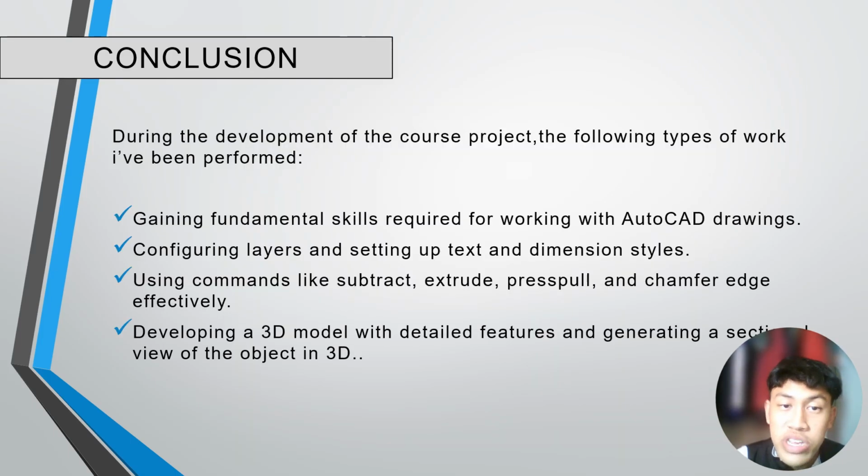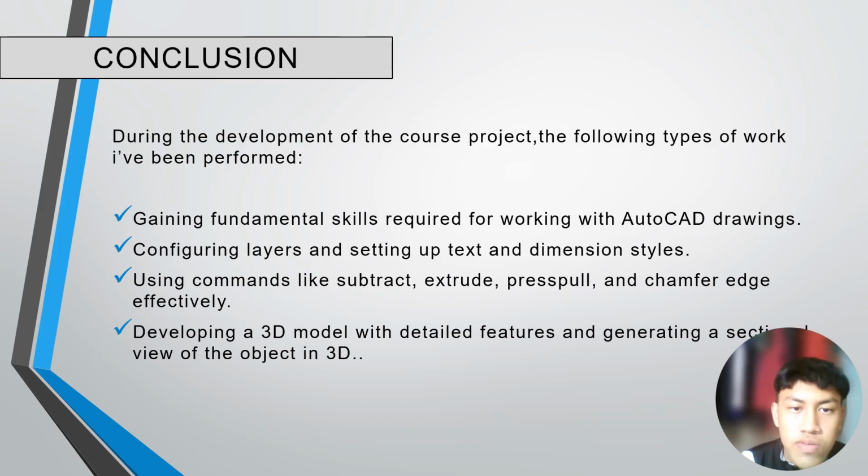So in conclusion, during the development of the project, the following types of work were performed. I've been gaining fundamental skills required for working with AutoCAD drawings, especially in 3D modeling, because I've learned so much more and have come to be more comfortable with the application itself.